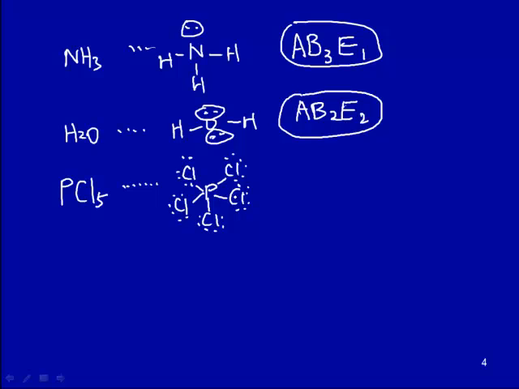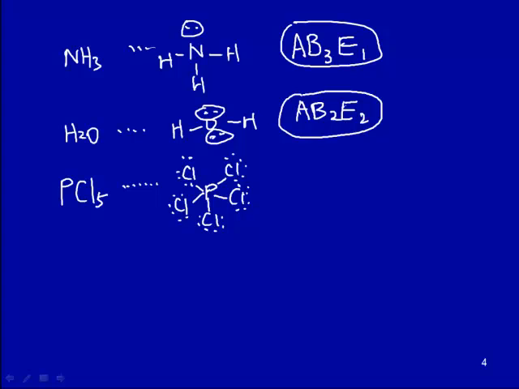Well, this is the case for the expanded, or sometimes called extended octet, because phosphorus is in the 3rd period on the periodic table. Remember, it has the 3rd principal energy level as the valence shell for all period 3 elements, and that 3rd principal energy level can hold up to a maximum of 18 valence electrons due to the availability of 3d orbitals.